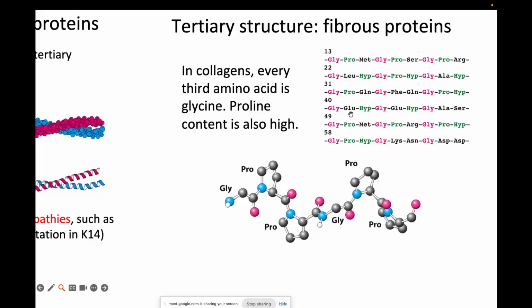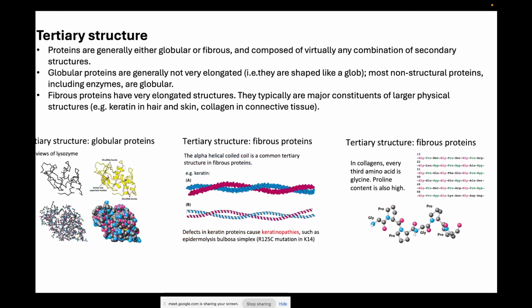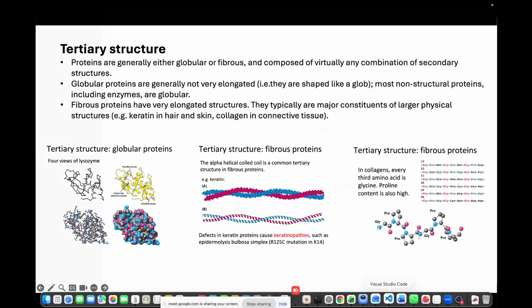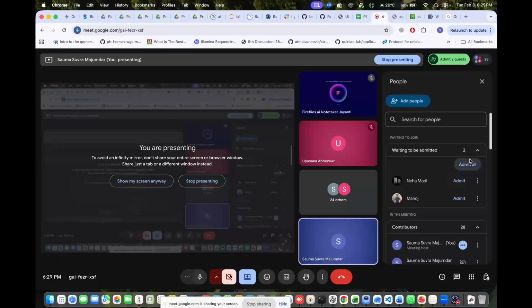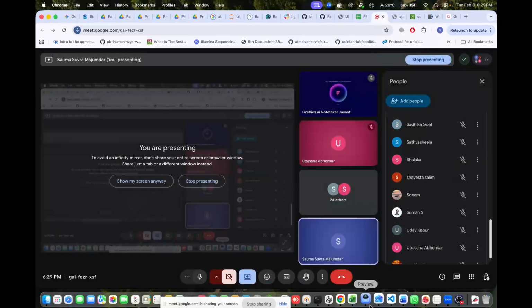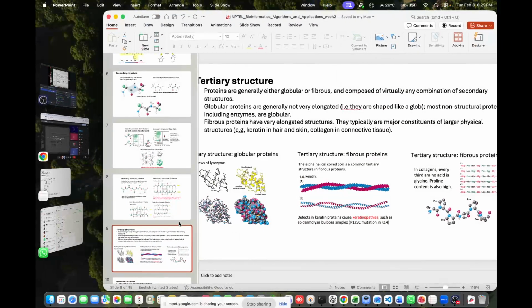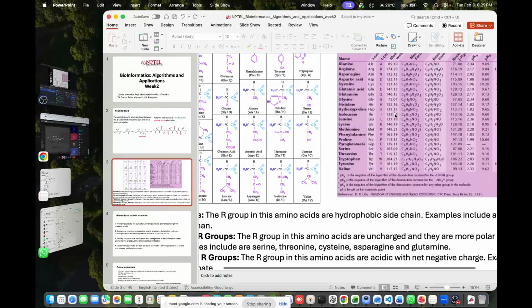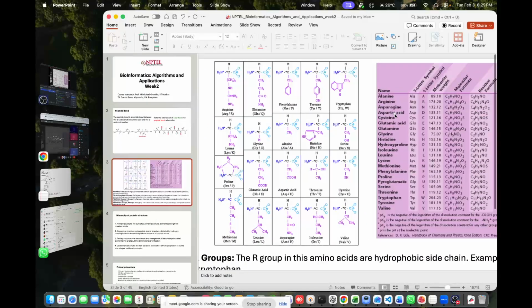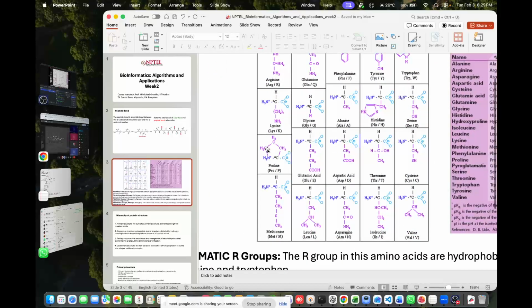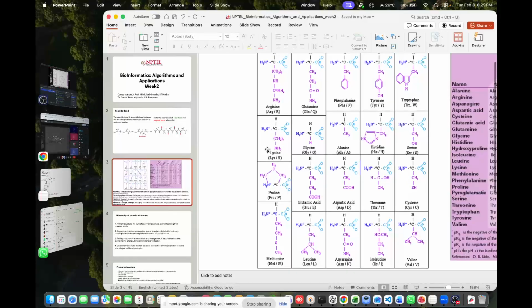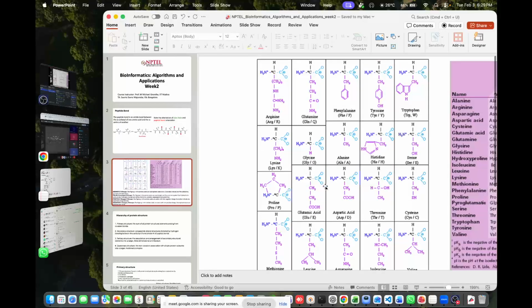So if you have glycine and proline, if you go back here, where is glycine? Yeah, this is glycine. You can see proline. Here is proline and here is glycine.